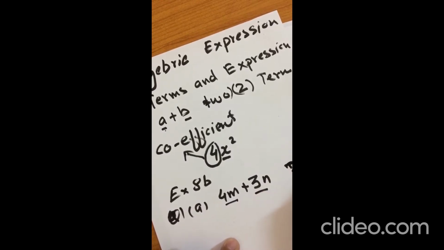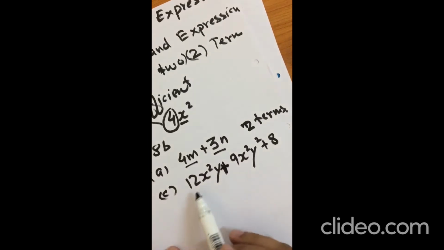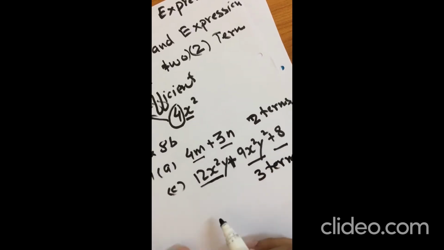I'll just do the C for you: 12 x square y plus 9 x y square plus 8. Look at this. As I told you, algebraic expressions are separated by the plus and minus sign. Here is the plus, 1, 2, 3. So it means it has 3 terms. That's all about question 1.